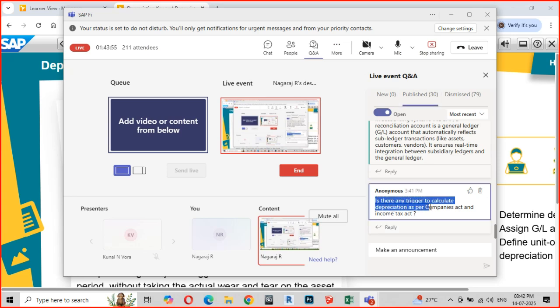I just explained this concept, right? It is through your depreciation area. Is there any trigger to calculate depreciation as per Companies Act and Income Tax Act? Yes, it is through your depreciation area. That's what I explained.